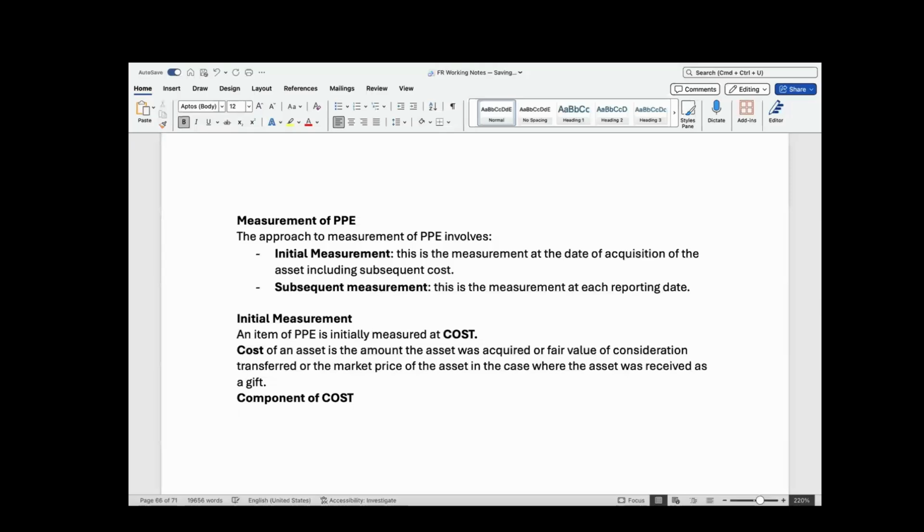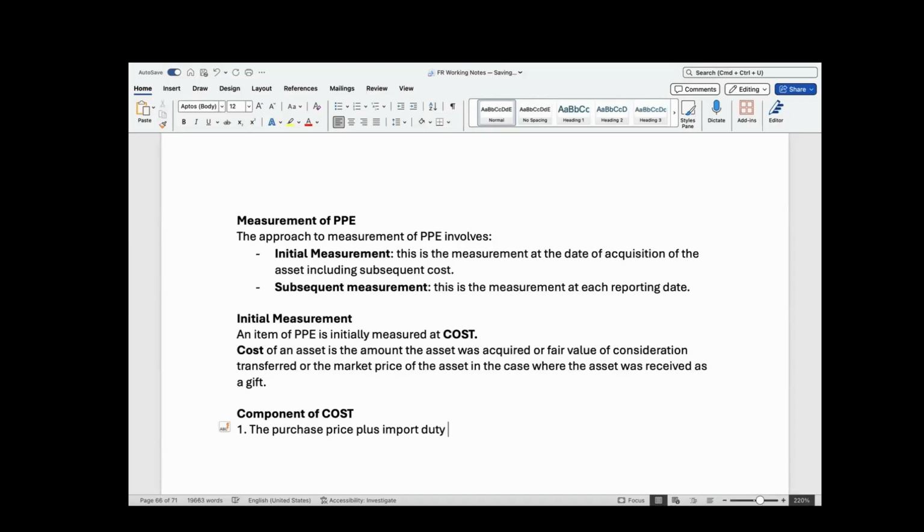Now, when we say cost, what comprises the cost of an asset? Number one is the purchase price. But if you are importing the assets, the purchase price will include import duty.